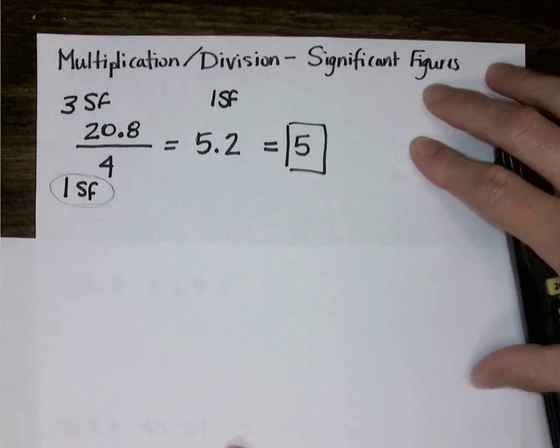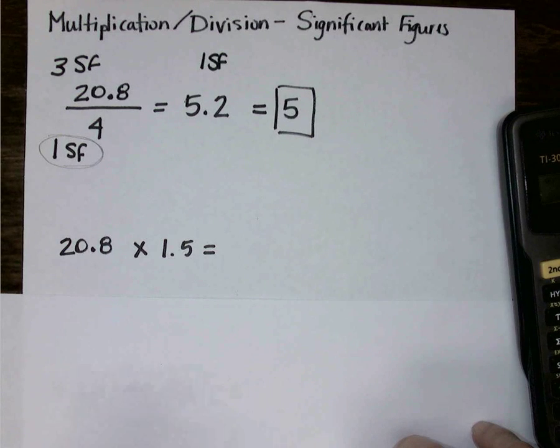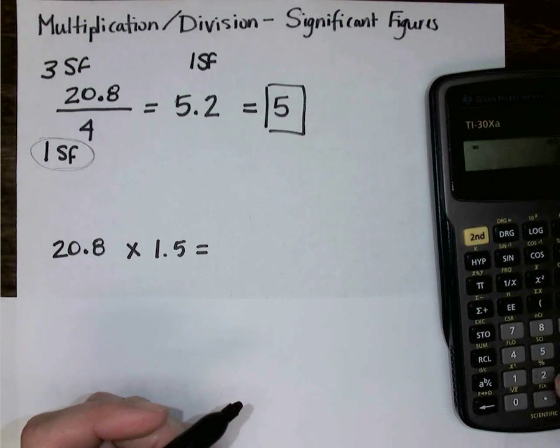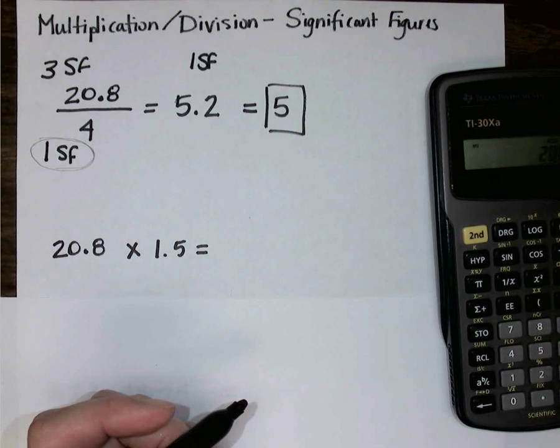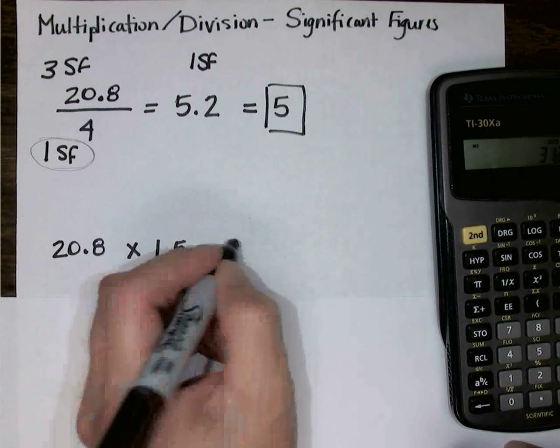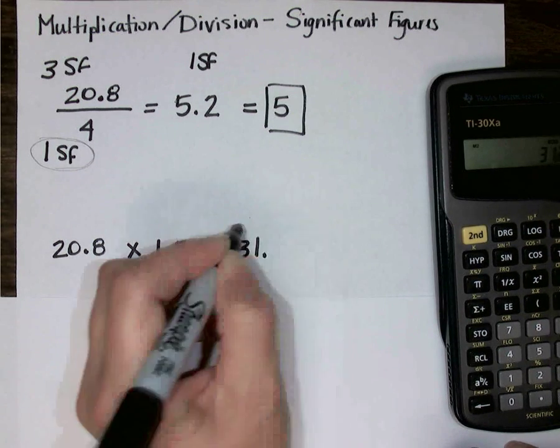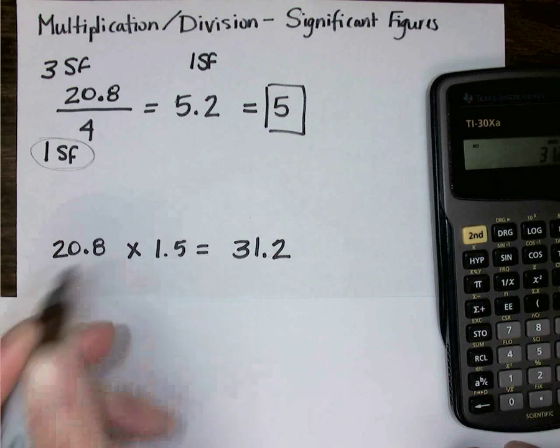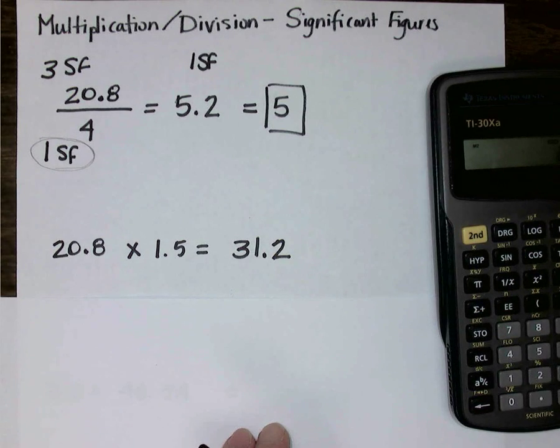In another example, I'm going to multiply 20.8 times 1.5. And so I'm going to do the calculation on my calculator. Okay, I'm going to, again, just double check that. 20.8 times 1.5, and my calculator tells me 31.2 is the answer.